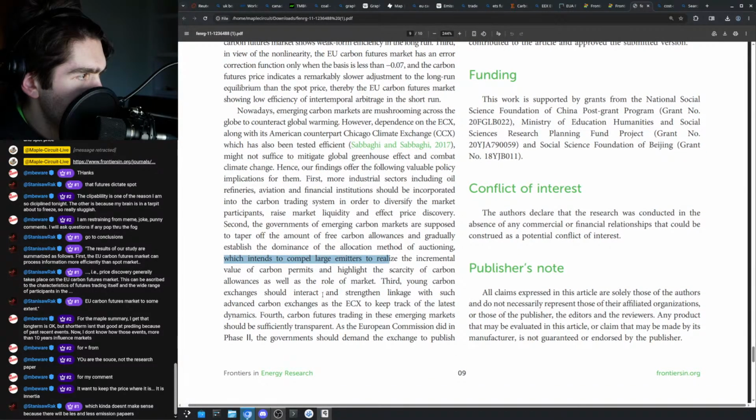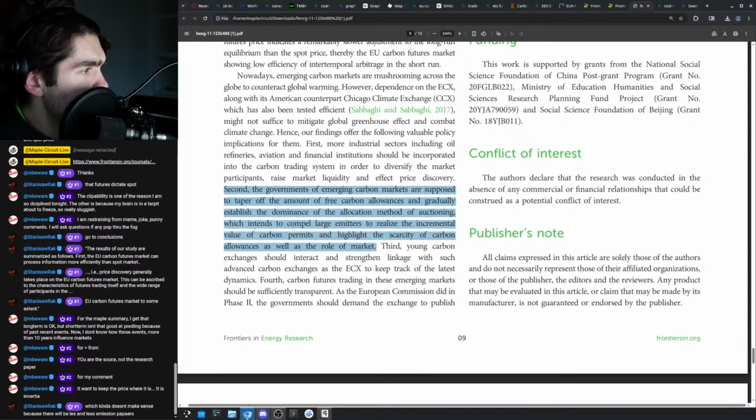Okay. Is this really just a long way of saying we need to actually reduce the amount of permits, or else it's pointless? Cool.